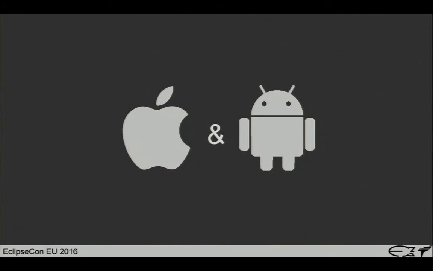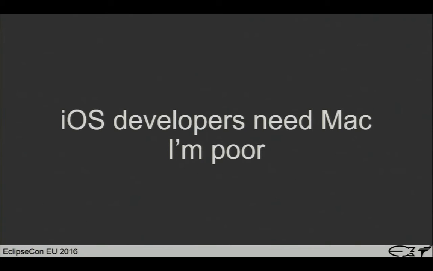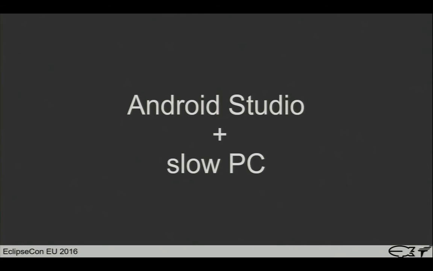Okay, well, the two major platforms that most people use are iOS and Android. On the iOS side, to develop an iOS application, you'd need a Mac. So as a student, I can't afford a Mac. And this cuts the expenses for my name day in half, pretty much. So I won't be having people with iOS. On the Android side, the cool thing about Android Studio is that it runs on all major platforms.